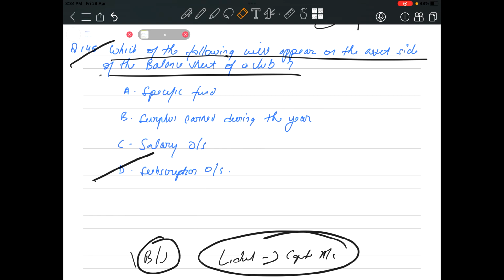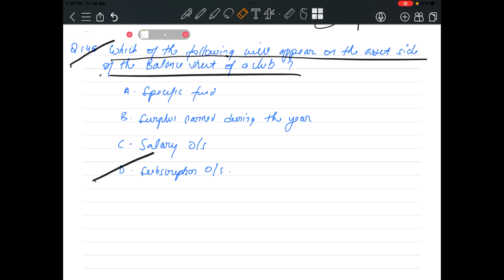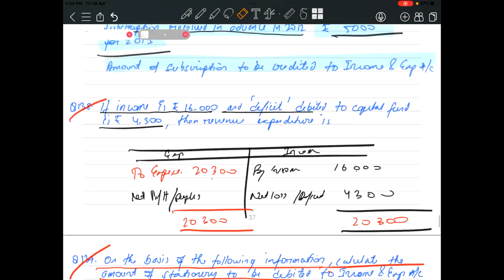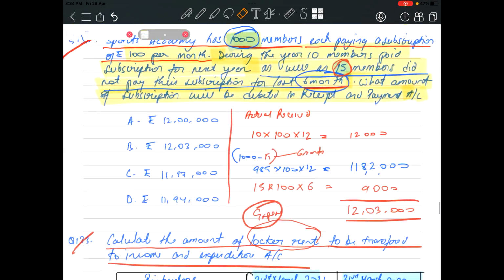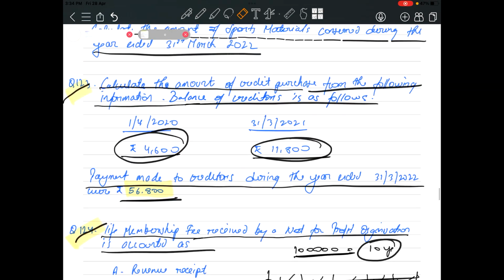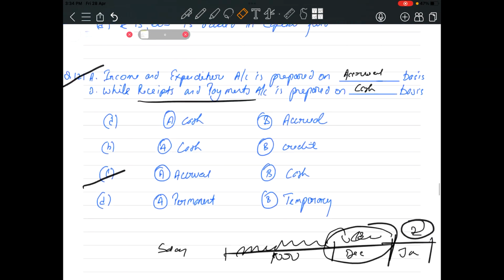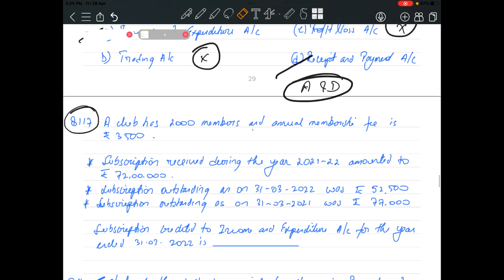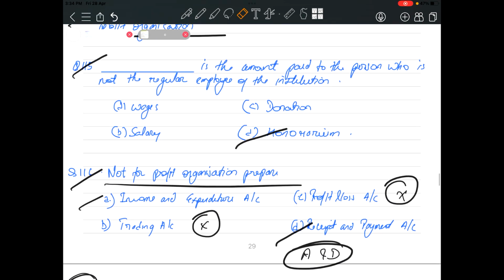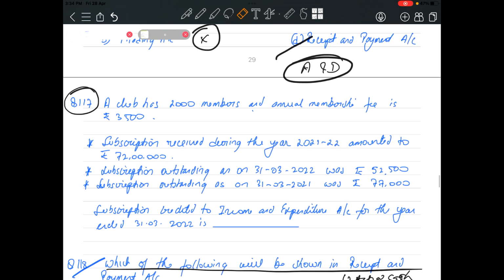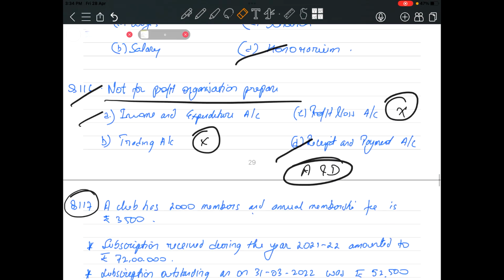Now I hope we are done with the remaining questions. Now we can move on to the questions which we had skipped. With this you will be done with your unit number 1, and you can revise it two to three times.